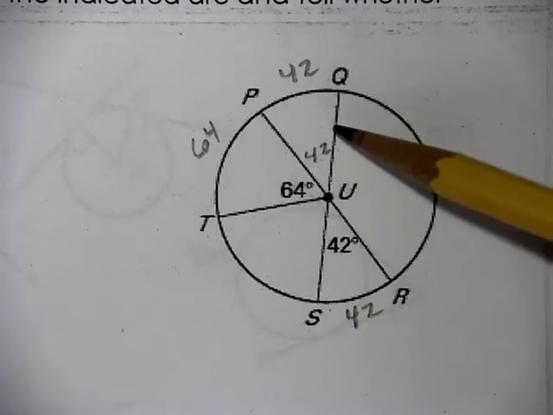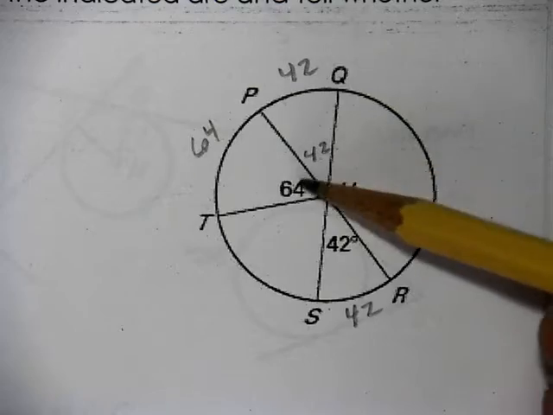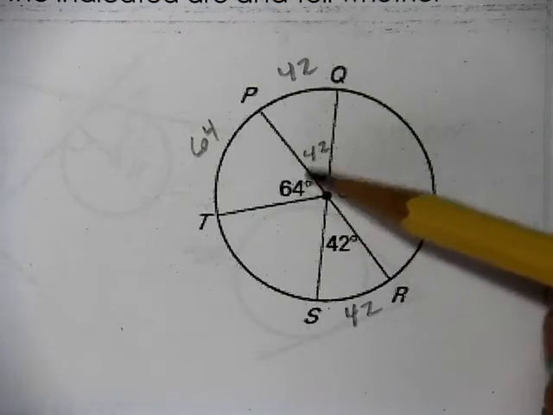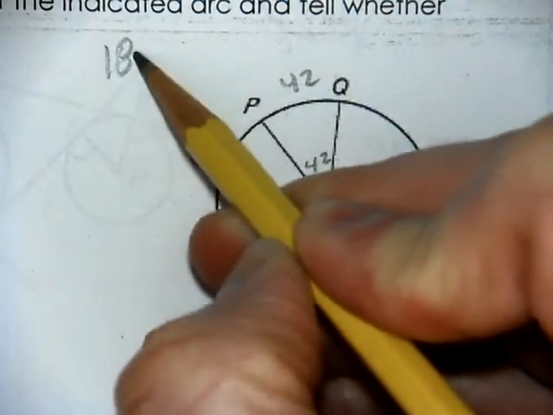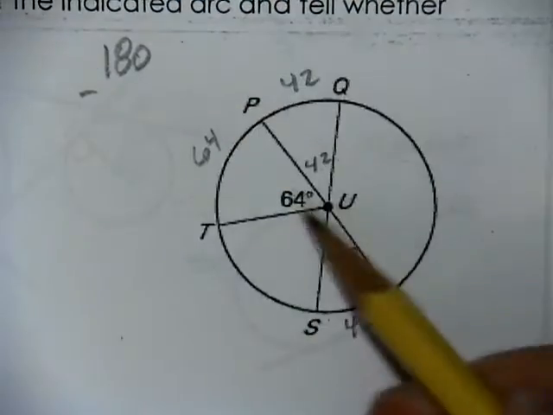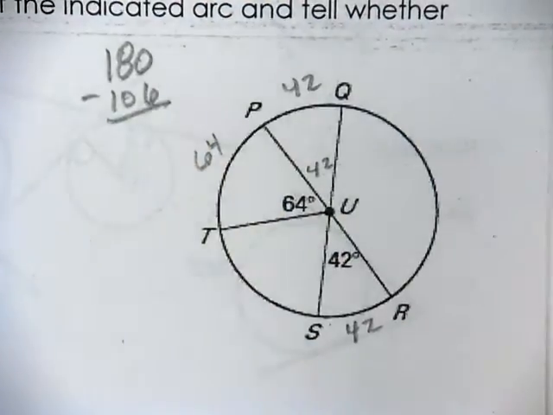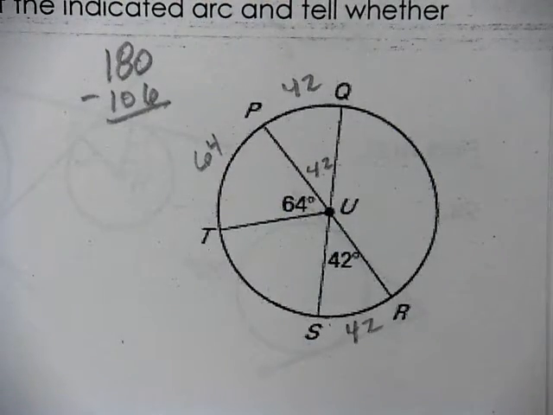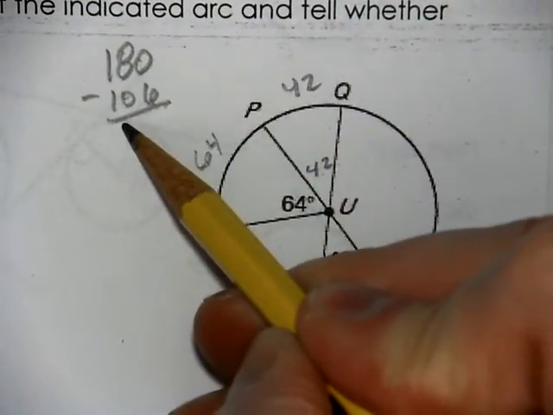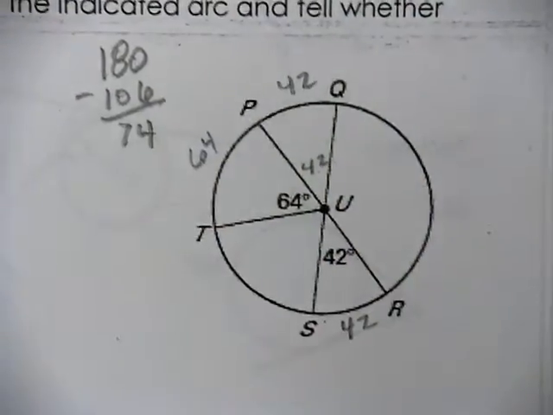This is a diameter, so we know that all three angles here are going to add up to 180. So if we take 180 and we subtract the 106, we're going to get 74.